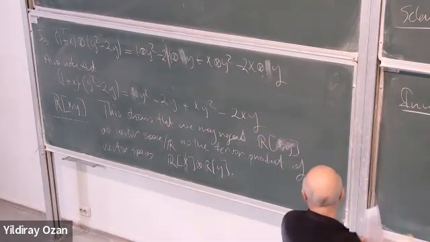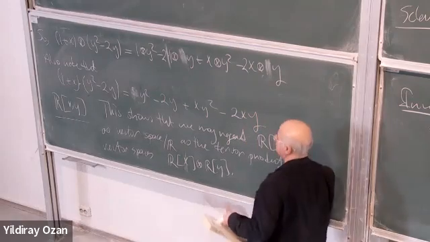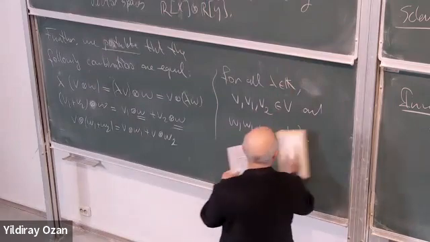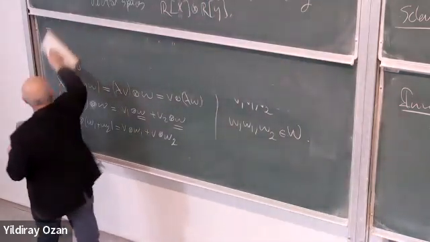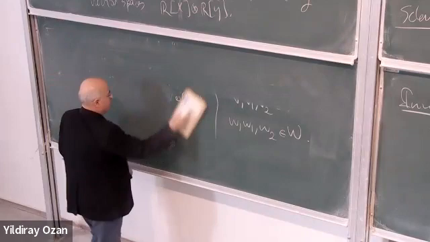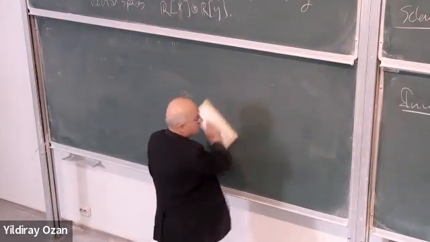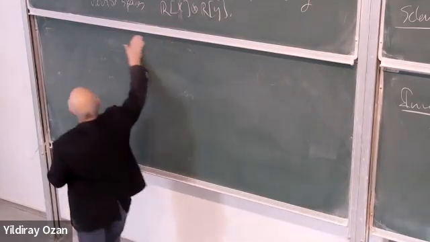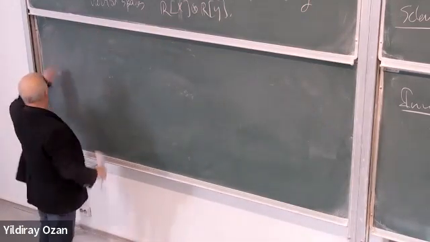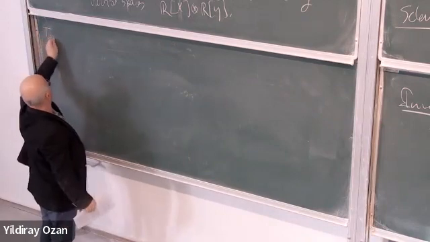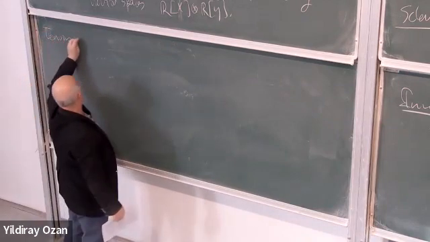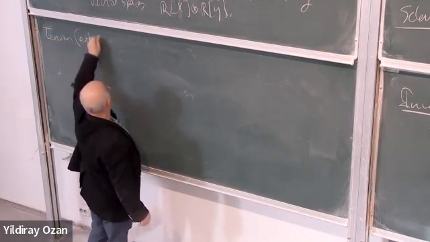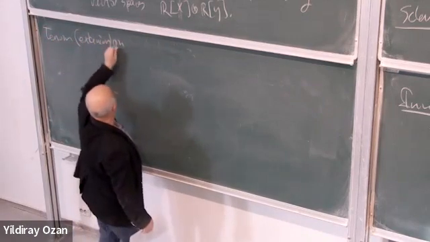Let's also explain in the introduction of the book. We can prove the following. Tensor and actually exterior product.